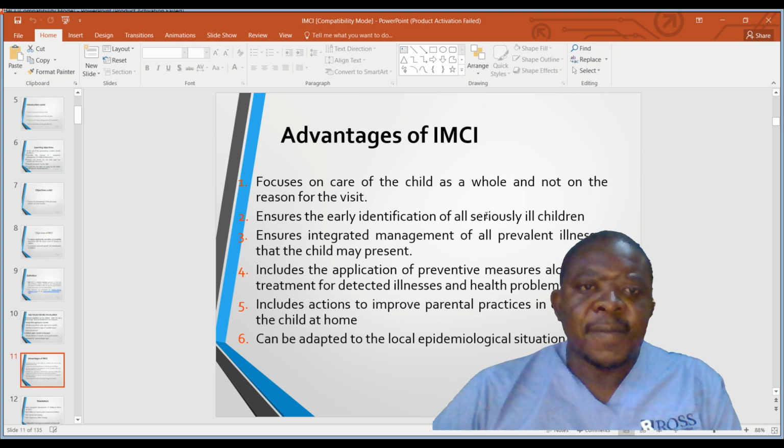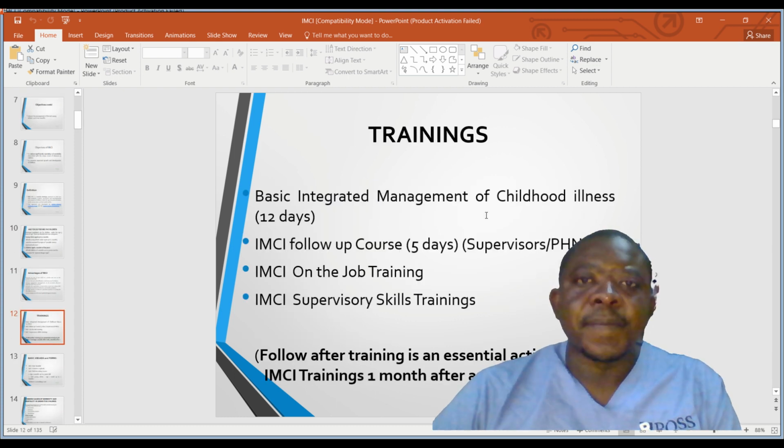Number four, it includes the application of preventive measures along with treatment for detected illness and health problems. Number five, it includes actions to improve parental practices in caring for the child at home. Number six, it can be adapted to the local epidemiological situation.